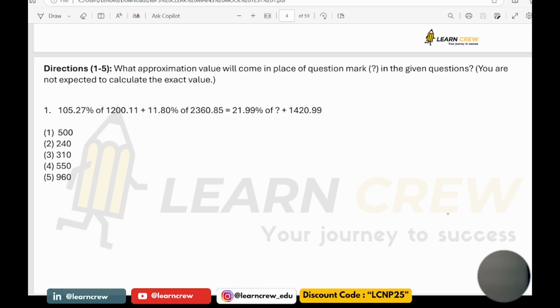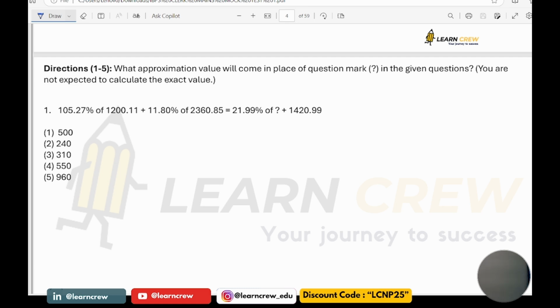So 105% of 1200 plus 11.80% of 2360 plus 21.99 is equal to 22% of how much, plus 1420.99.